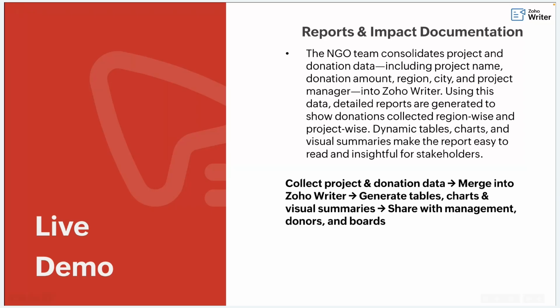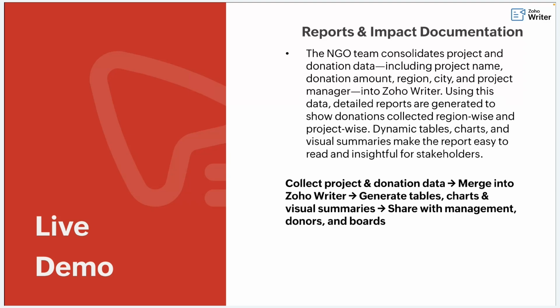This allows teams to generate detailed reports showing donations collected region-wise and project-wise. Dynamic tables, charts, and visual summaries make it easy for stakeholders to understand the impact of each project. So, Gautam, can you show us how Zoho Writer helps in creating these visually insightful reports?